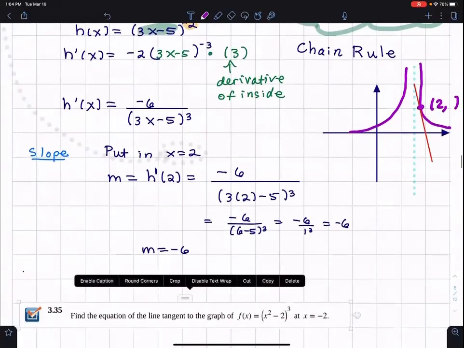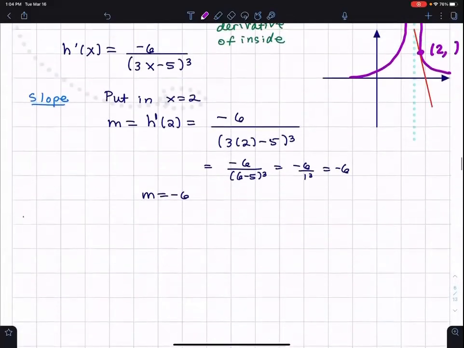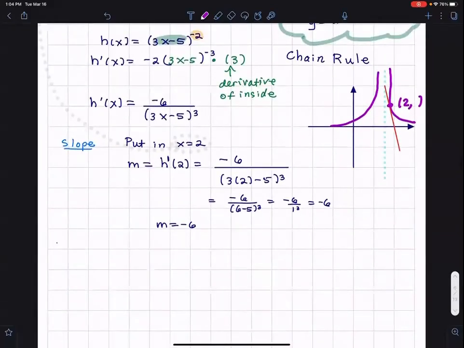Okay, so continuing. All right, so we got the slope. And then the next thing we're going to do is find the point. We already have the point x1 equals 2. y1 is found by putting 2 into h.